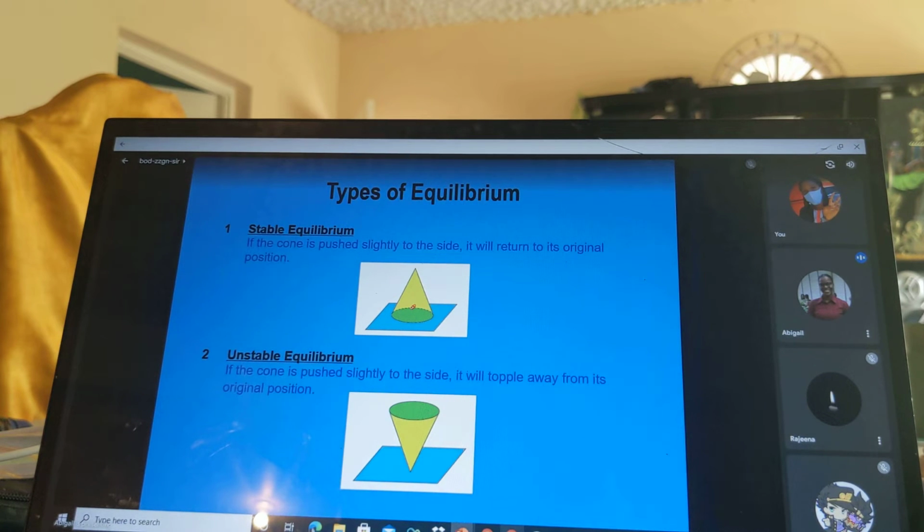So even when you displace it slightly, its center of gravity will still be acting in the base. So we say that when you displace the thing slightly and it returns to its original position, it is of stable equilibrium. It will be of unstable equilibrium if when you displace the object slightly it topples over.